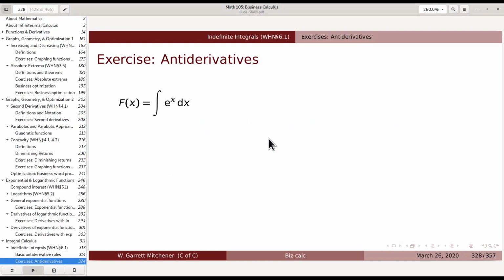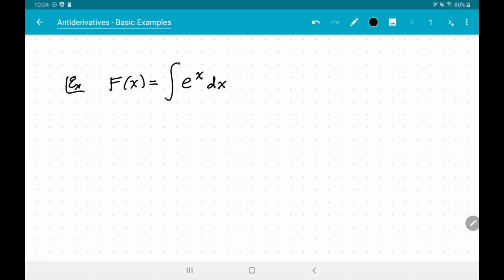I'll show you a couple of examples with the exponential rule. So first, it should be the easiest one. Antiderivative of e to the x dx. We're asked for a function whose derivative is e to the x.